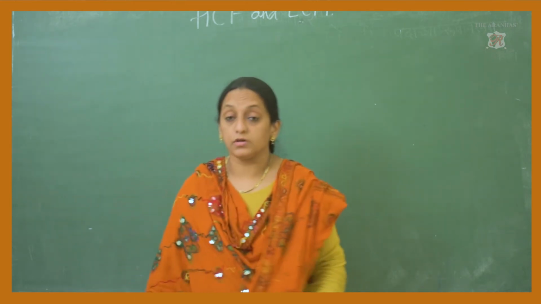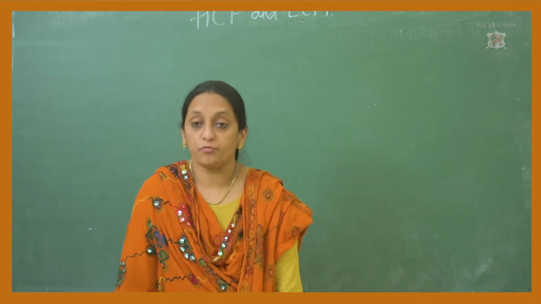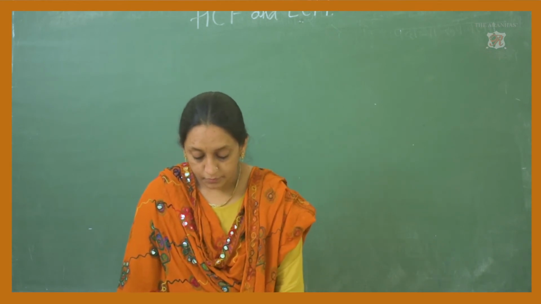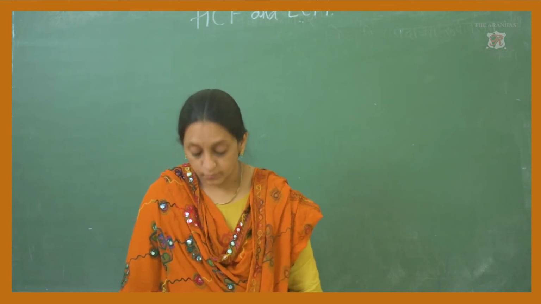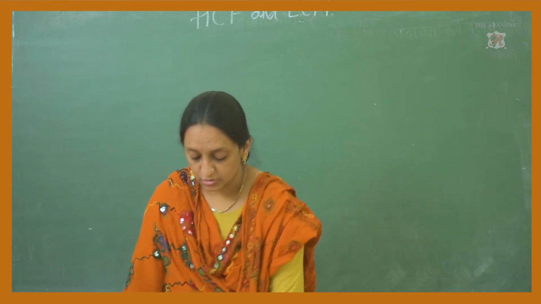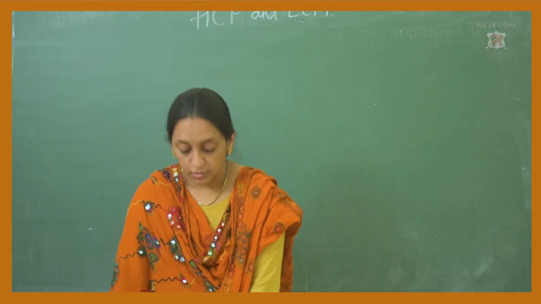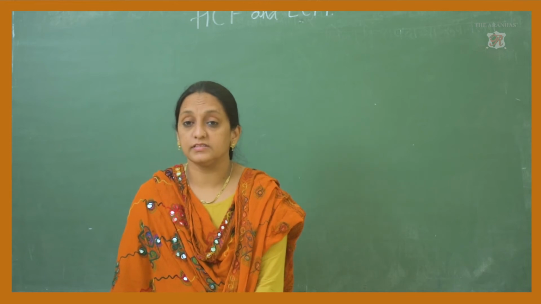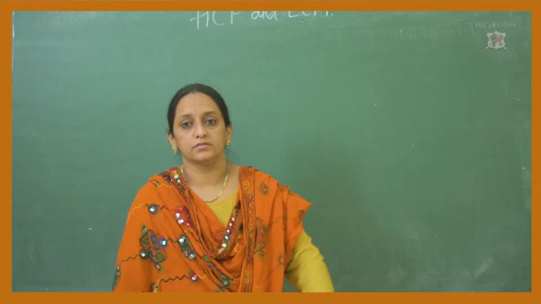So this is your homework, students: you will solve each and every sum of practice set number 13, that is all the LCM sums in your book, in your notebook. Then you will solve practice set number 14, first and second one we can just see an answer.